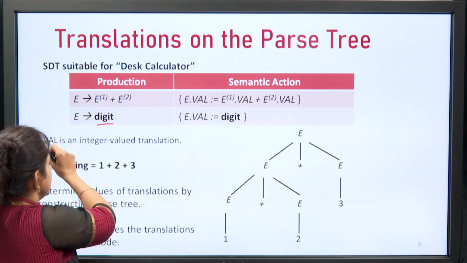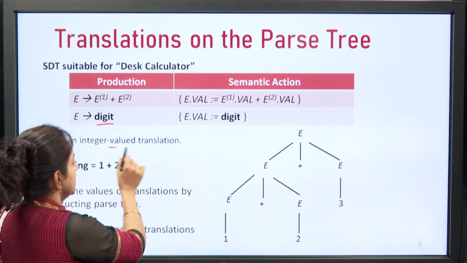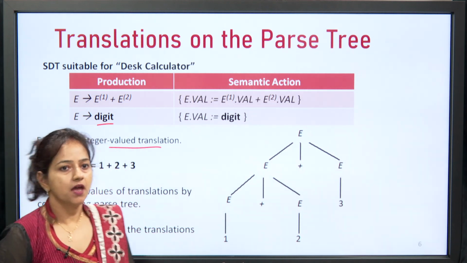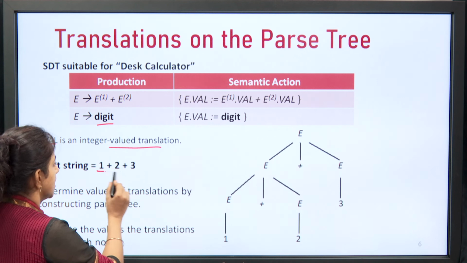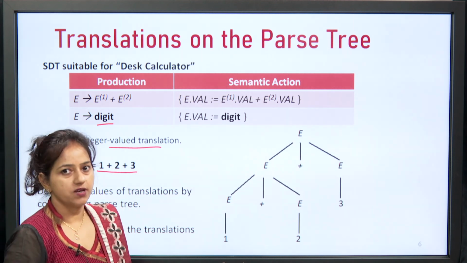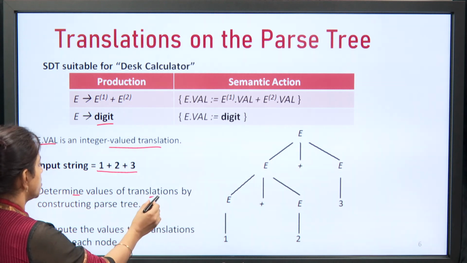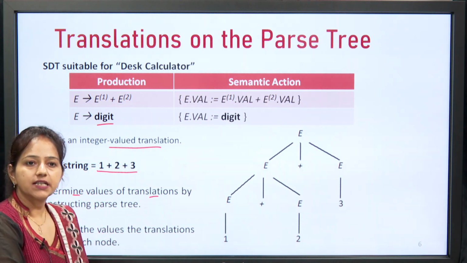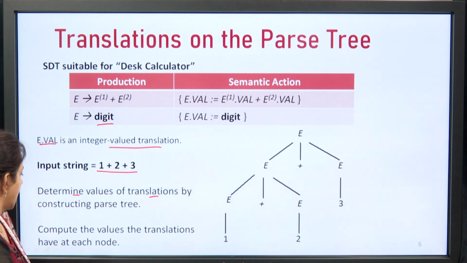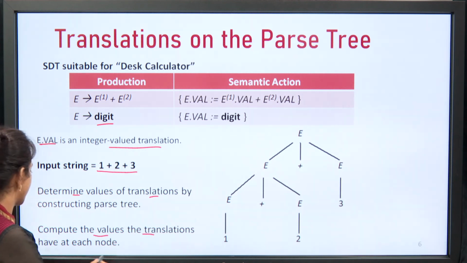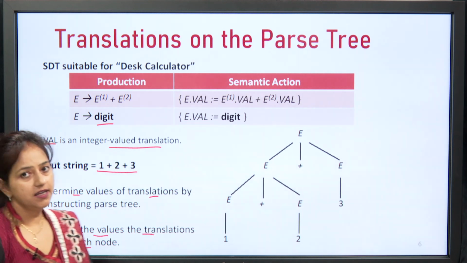Here E dot val is an integer valued translation. Now, we have the input string 1 plus 2 plus 3. Next, we need to determine the values of translation by constructing the parse tree. Here we will compute the values of translation that we have at each node.